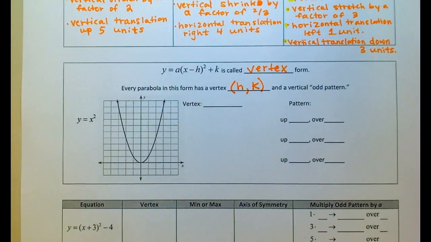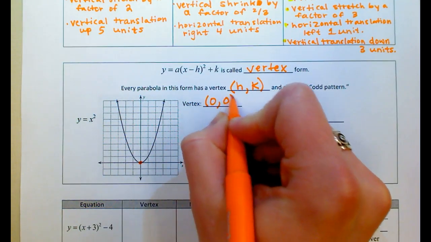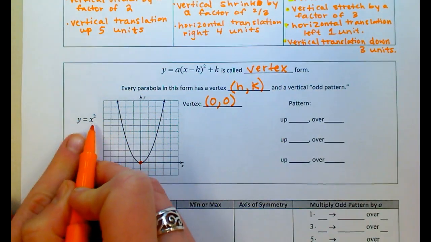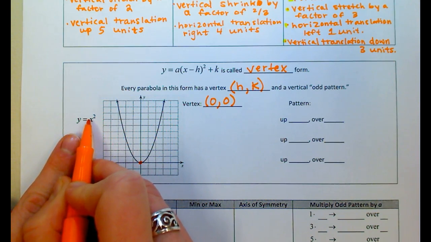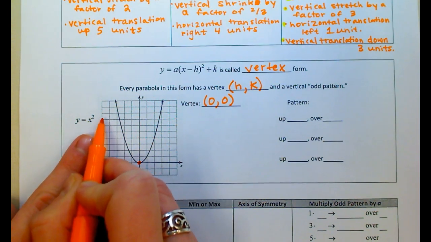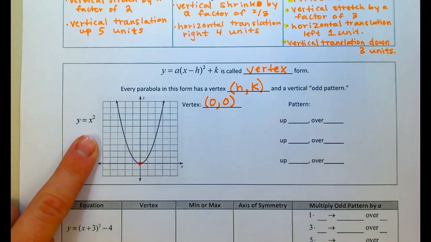So if we look at our parent graph, y equals x squared, I have graphed it for you. We can see that our vertex is 0, 0. And that makes sense now that we know our transformations, because if I look at this x squared, nothing's being added or subtracted on the inside, and nothing's being added or subtracted on the outside. So 0, 0 would be my h and my k.